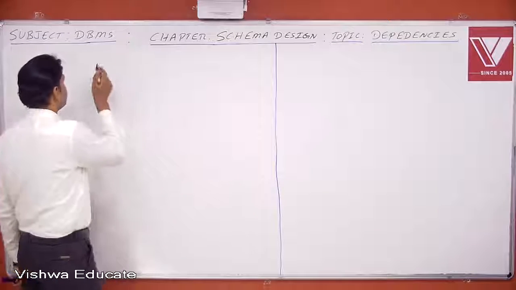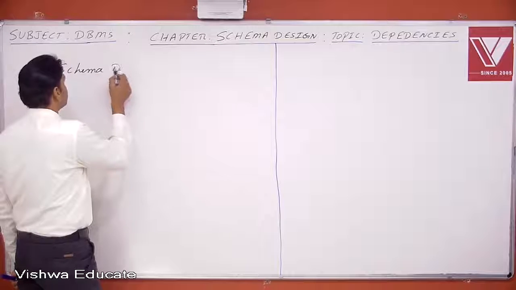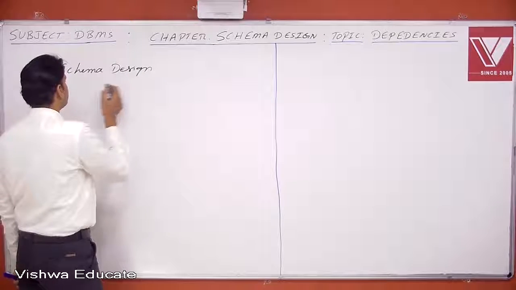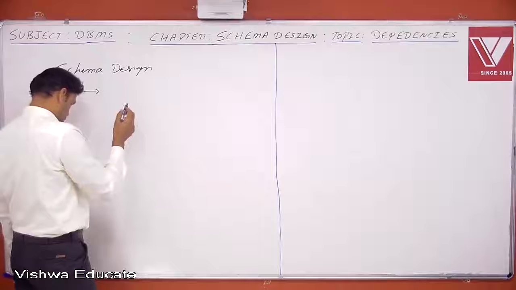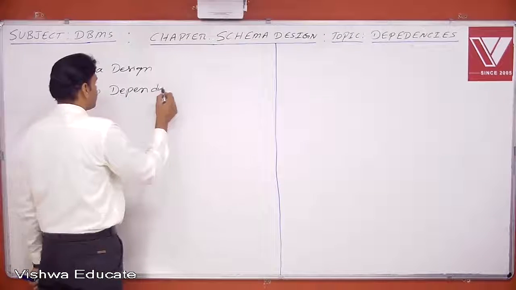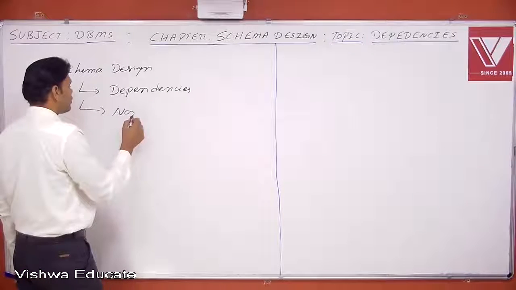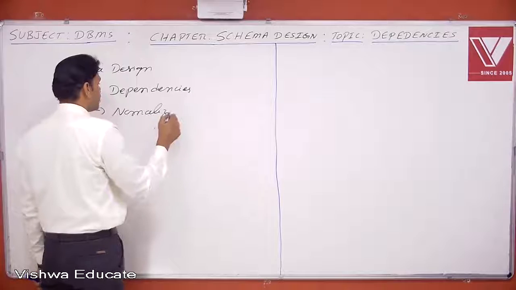One part is dependencies and the other part is normalization.